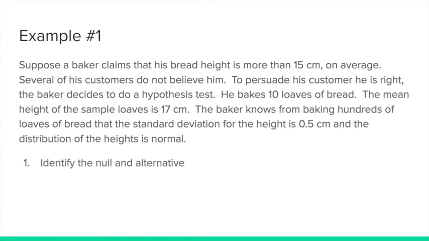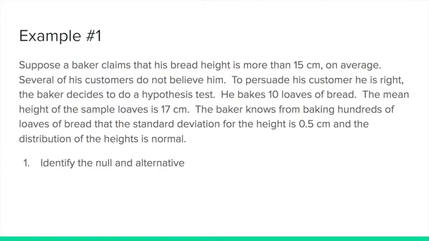So first we want to identify our null and alternative hypotheses. Remember that the way we did this in section 1 is we said the claim and then the opposite of the claim. In this case, the claim is the height of his bread is greater than 15 centimeters.